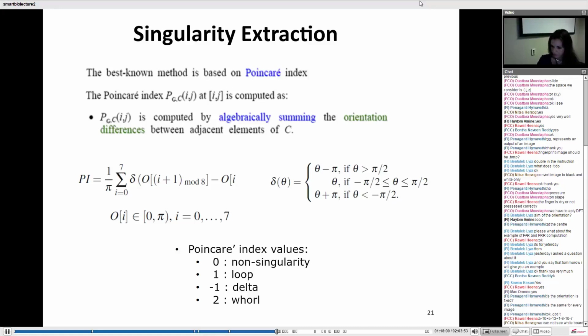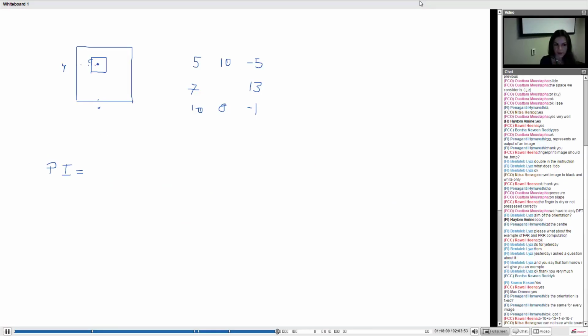Which one will be the first difference? We have the formula here, so any help?